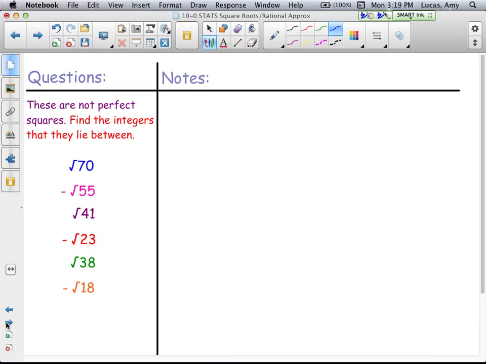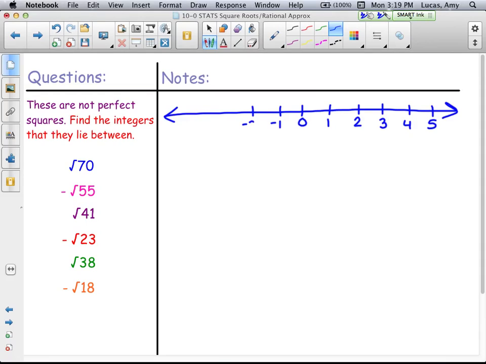So I am going to review with you that when we look at a number line with integers on it, you want to think about these as perfect squares.